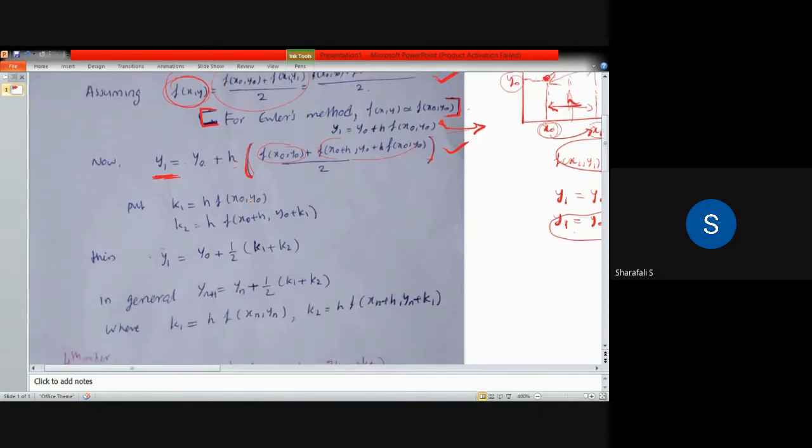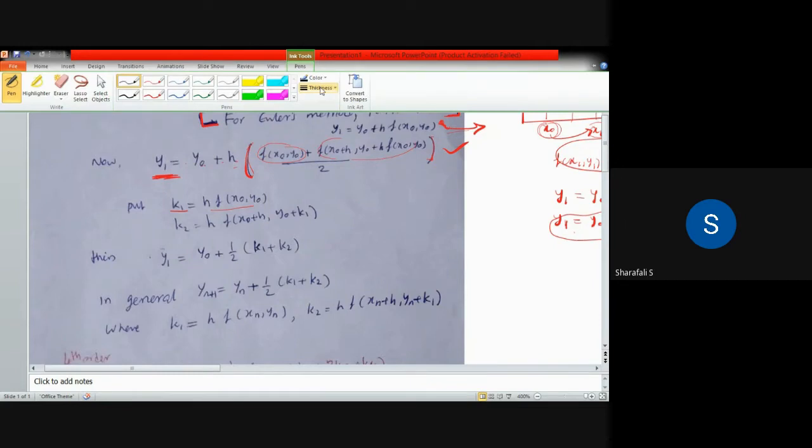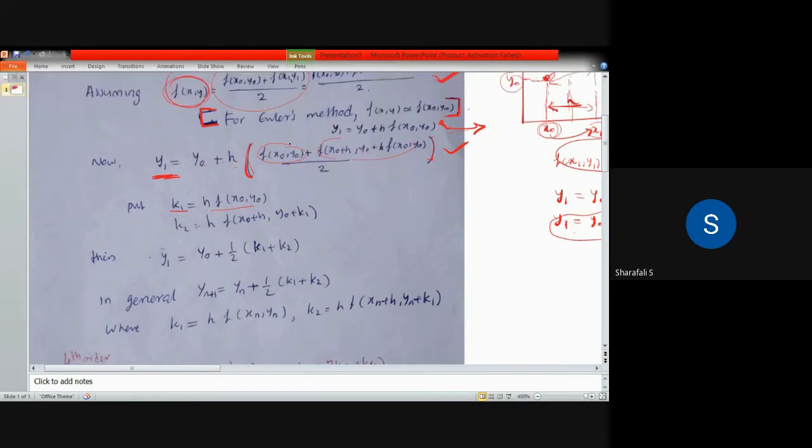And if you are substituting k1 equal to h into f of x0 comma y0, then k2 is h times f of x0 plus h comma y0 plus h into f of x0 comma y0.